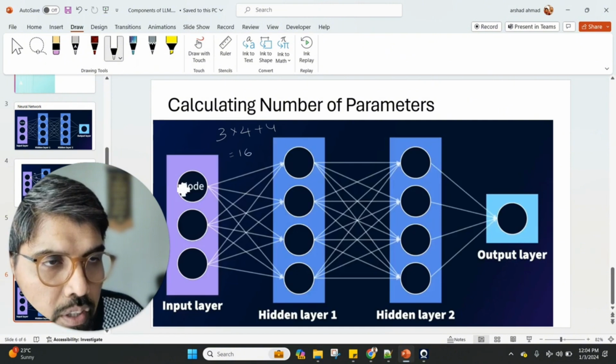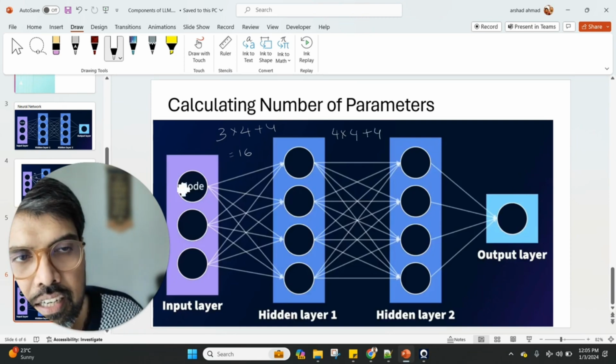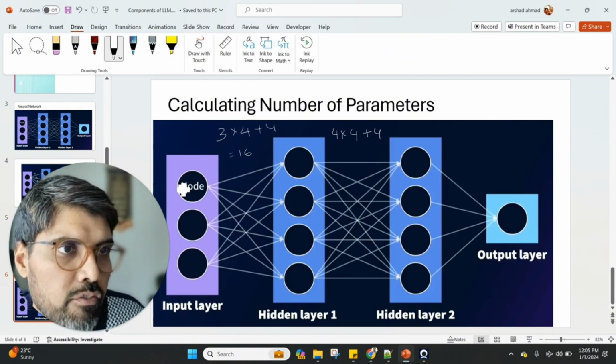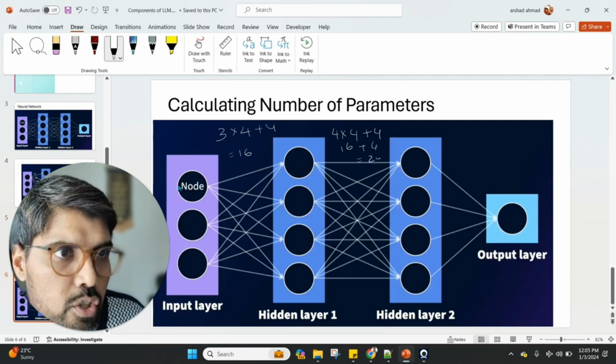In the second case, it is going to be 4 into 4 plus 4, because we have 4 nodes in the left layer and 4 nodes in the right, and 4 for the bias. 4 into 4 is 16 plus 4, that is 20.